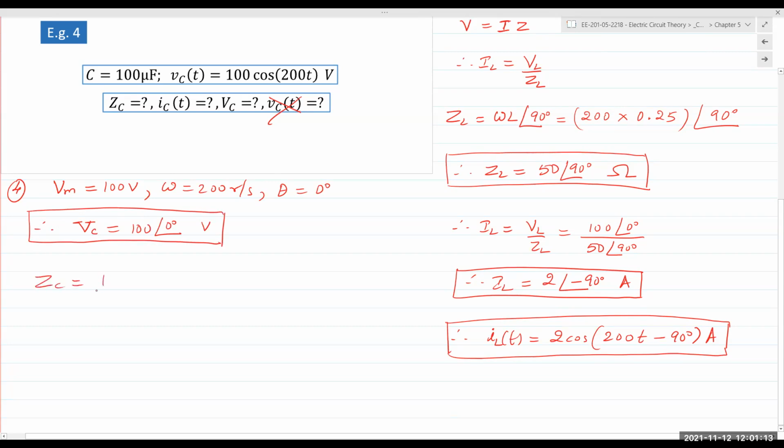ZC is 1 over omega C with a phase angle of minus 90. Omega is 200. C is 100 microfarads. Phase angle of minus 90. Therefore, ZC is 50 with a phase angle of minus 90 degrees.